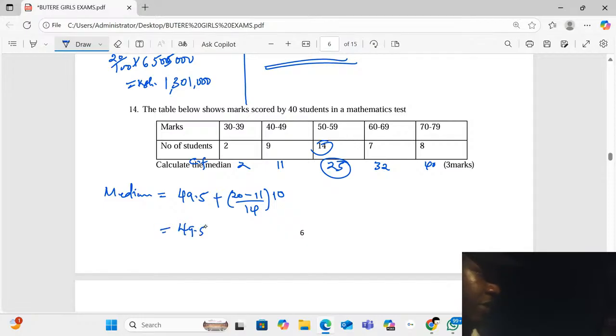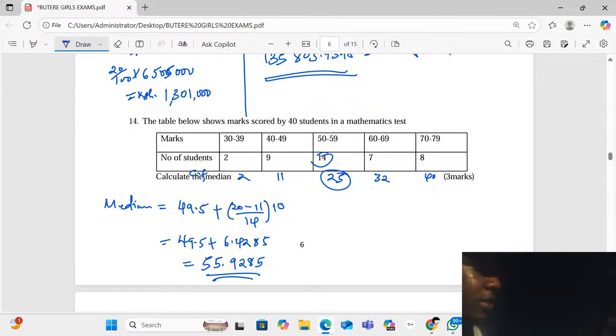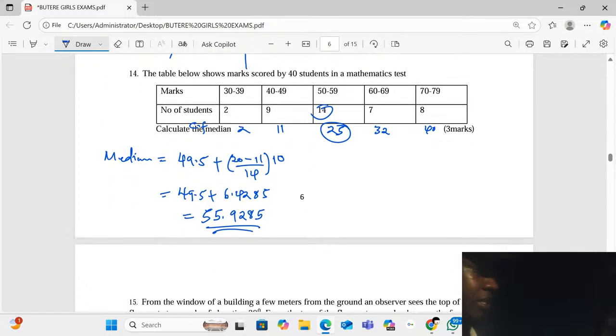So we have 49.5 plus 6.4285. So we arrive at our median to be 55.9285. So this is now our median using our usual formula. As simple as that to get your 3 marks.